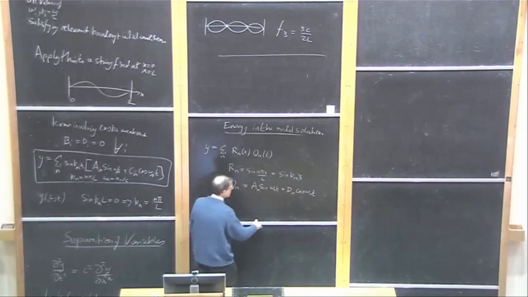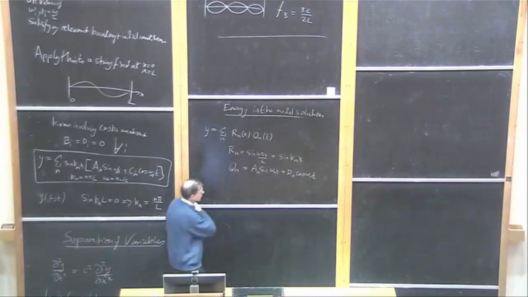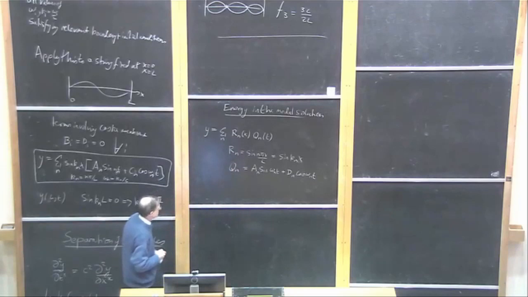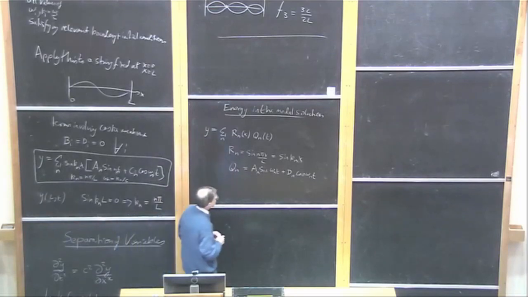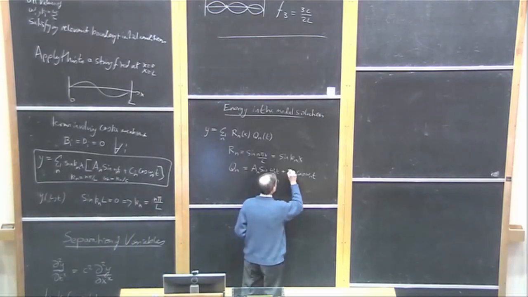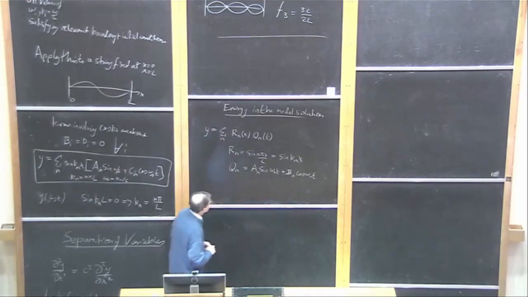It's slightly inelegant that the result of what I did over there has left me carrying a D here instead of a B. So let's change that to a B at this point.